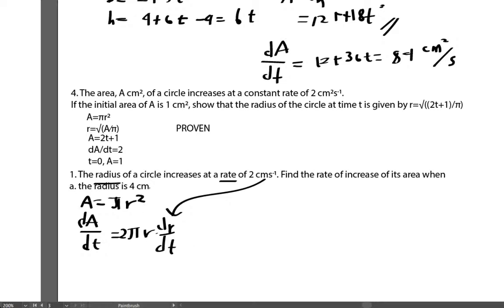So when you plug in when it is 4 centimeters, this would equal 16 pi. That's the rate, centimeters squared per second, which is correct. But then we have part B.